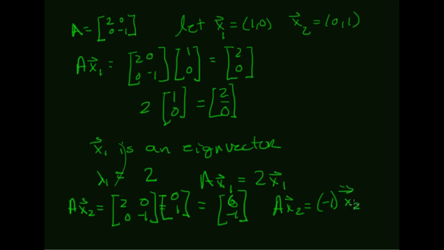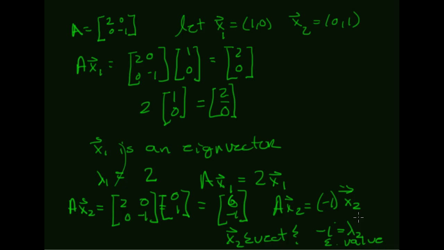So this means also that x2 is an eigenvector, and negative 1, that's lambda 2, is an eigenvalue.